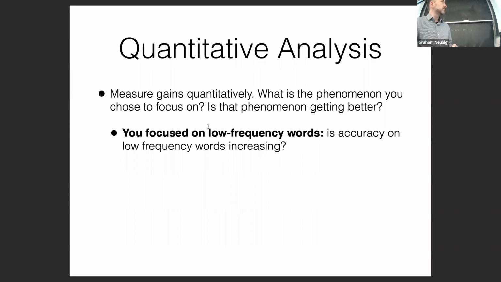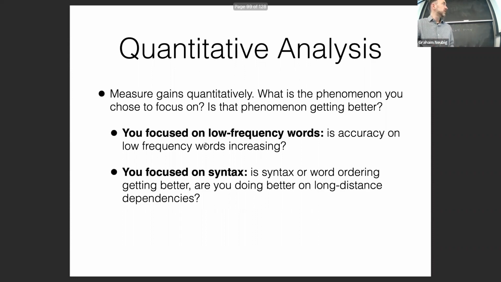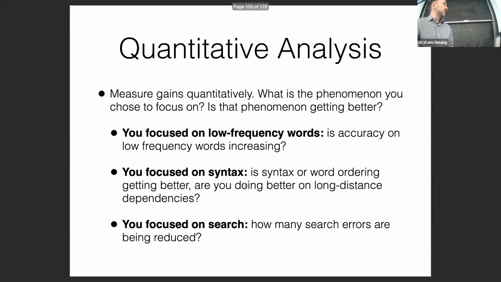Let's say you focused on a method that should be good for handling low frequency words. You can check whether accuracy on low frequency words is increasing. You focused on syntax, is syntax or word ordering getting better? You focused on search, how many search errors are being reduced? So basically, break down beyond just the accuracy and come up with these metrics.